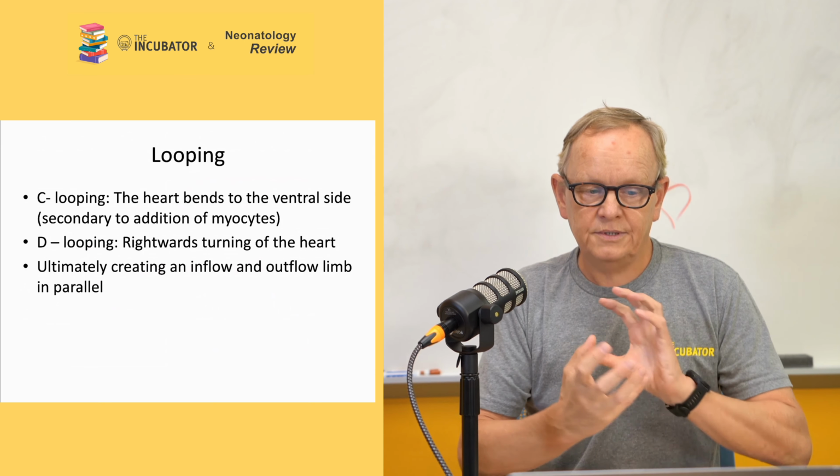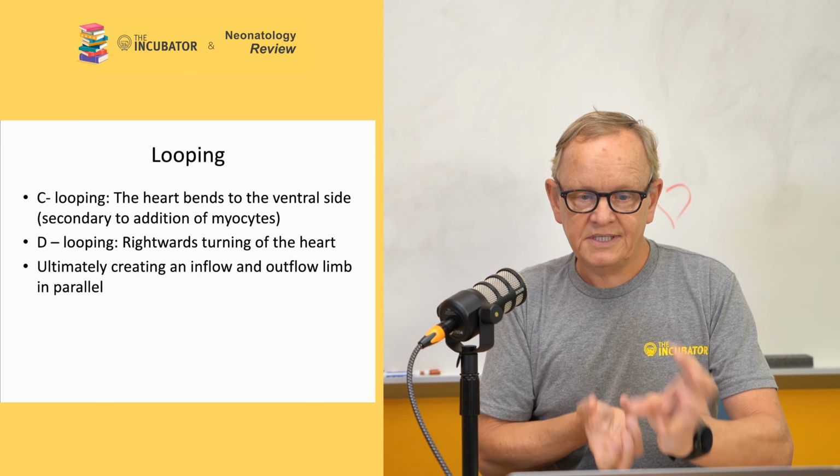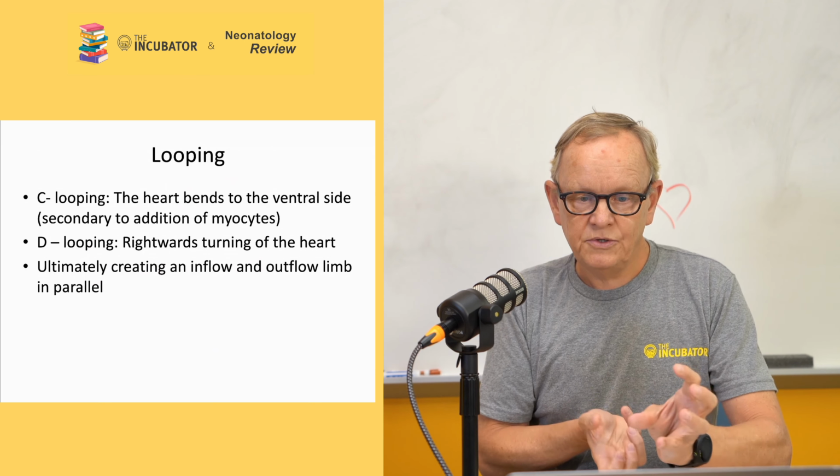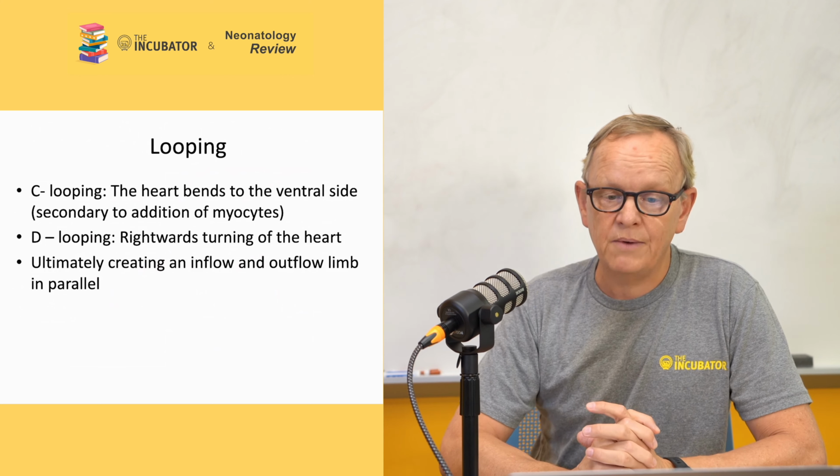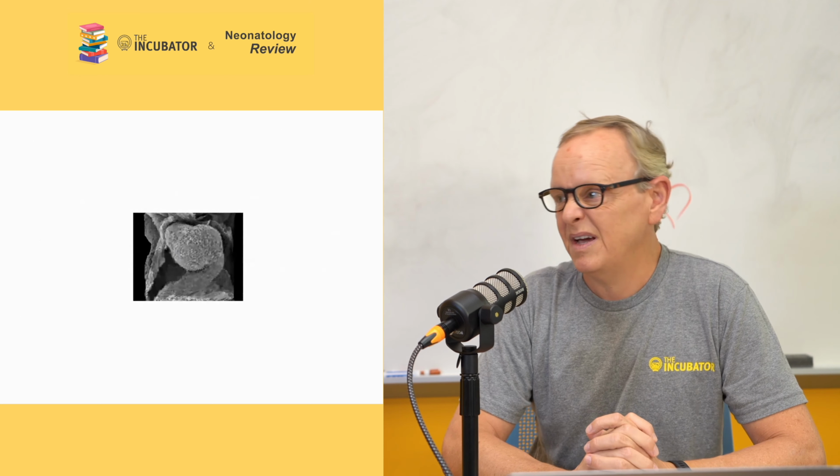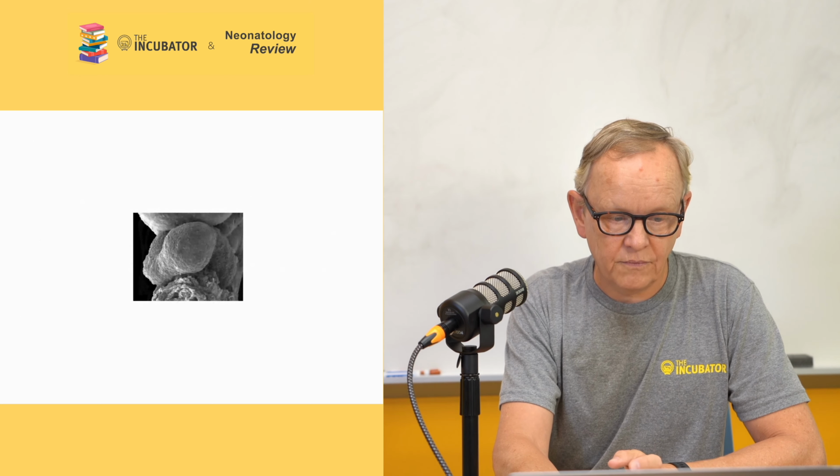There are two aspects of it. It's the C looping, where the heart bends to the ventral side, to the right, secondary to these additional myocytes, more in the ventral aspect. And then you have the D looping, which is the rightward turning of the heart, again because of the growth.